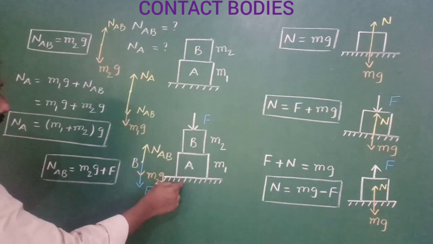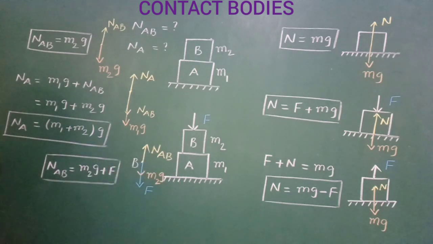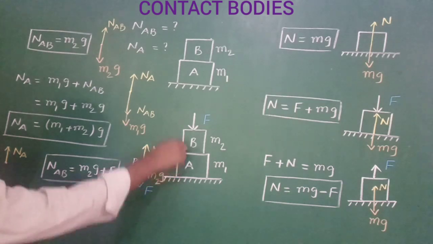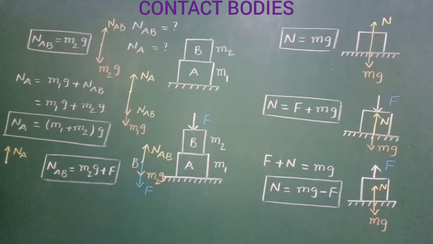Normal reaction between block A and ground. We draw one more free body diagram in this case. Here, free body diagram for block A. On block A, normal reaction by the ground is acting in upward direction, NA. From block B, normal reaction NAB is acting in downward direction.